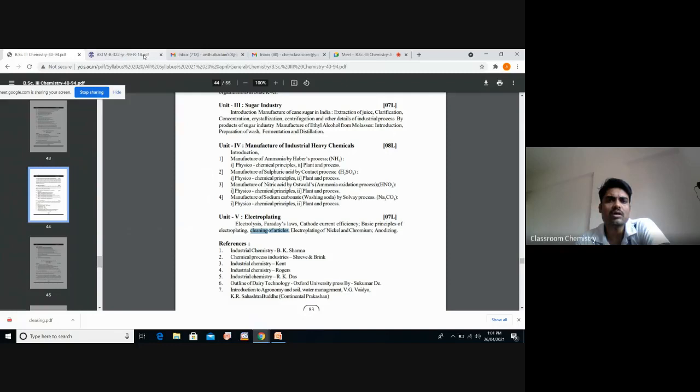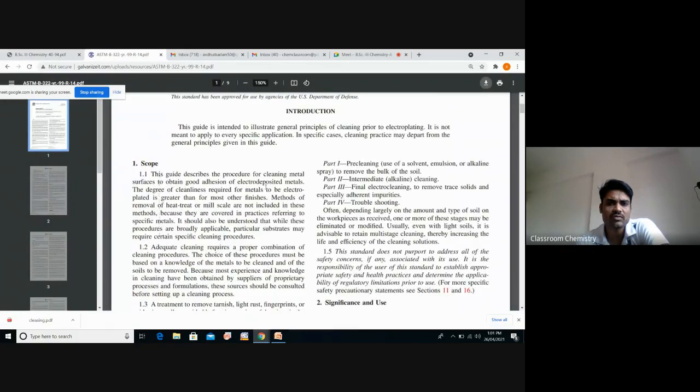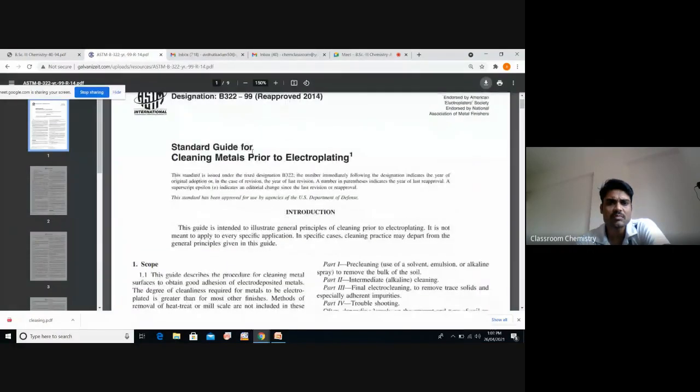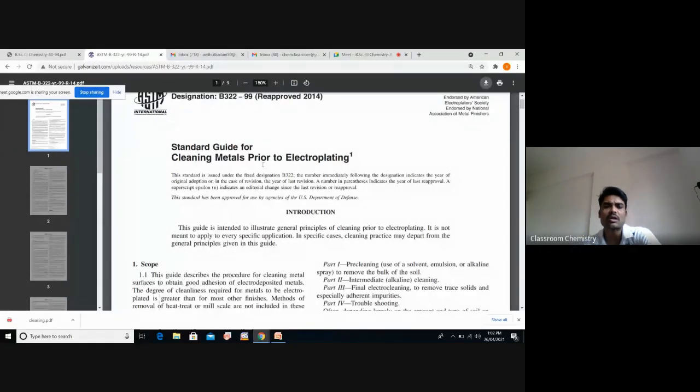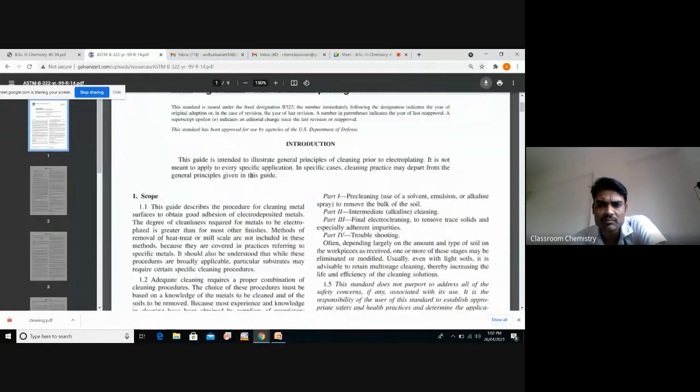Then, I share this PDF. These are some standard guidelines. Clean the metal prior to electroplating. Before electroplating, why do we clean this?